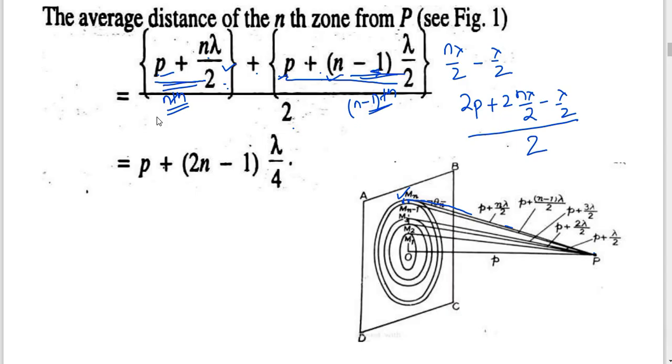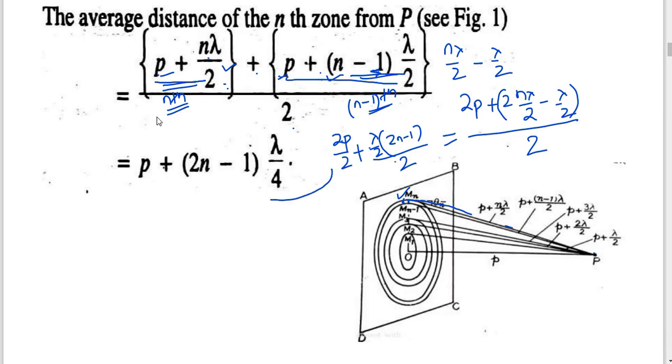Now we can write this as 2P divided by 2 plus, taking lambda by 2 common from the other two parts, 2n minus 1 divided by 2.